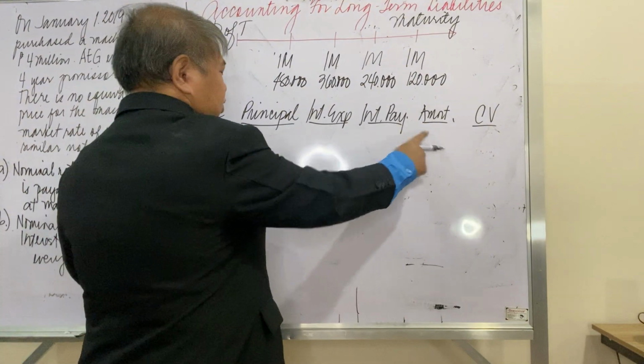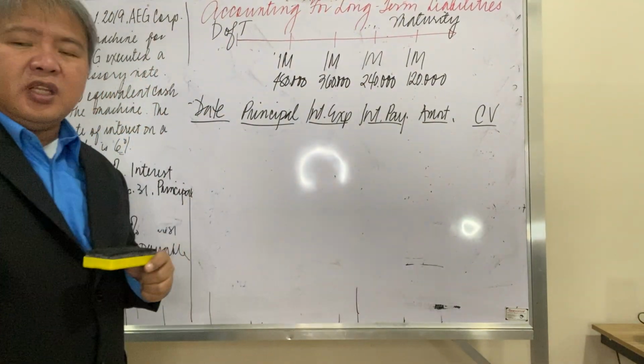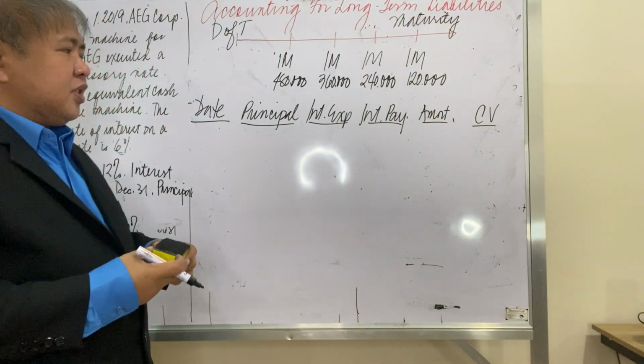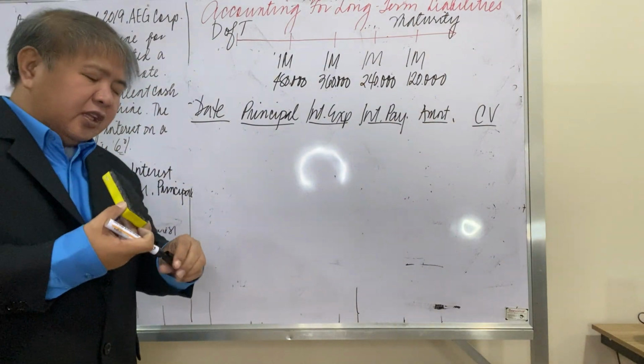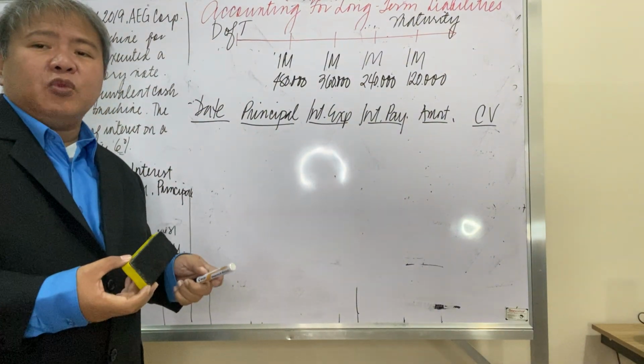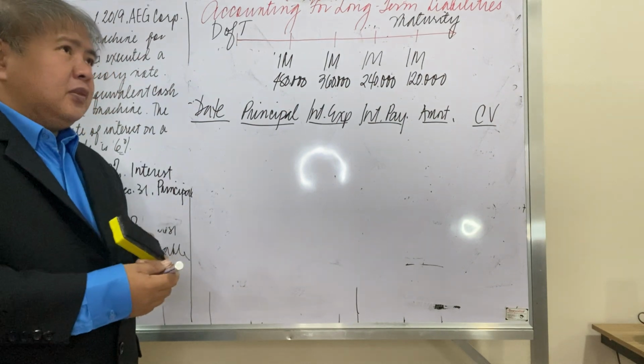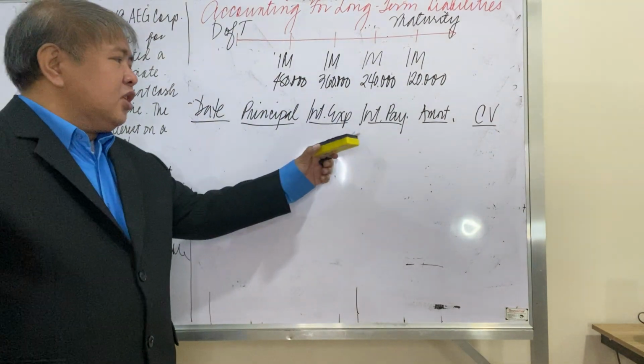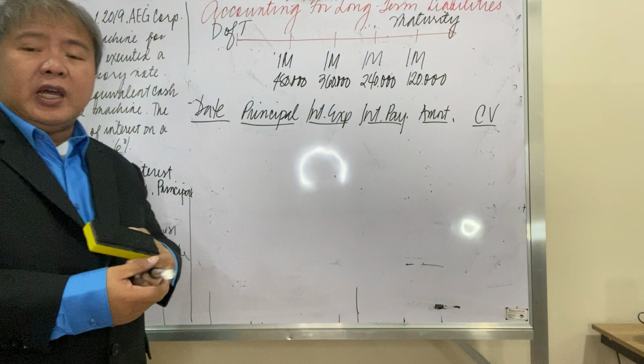Again, amortization here is the difference between the two interests, the interest payment and the interest expense. Interest expense again is the carrying value of the obligation multiplied by the effective interest rate. And then the payment here is the nominal interest.